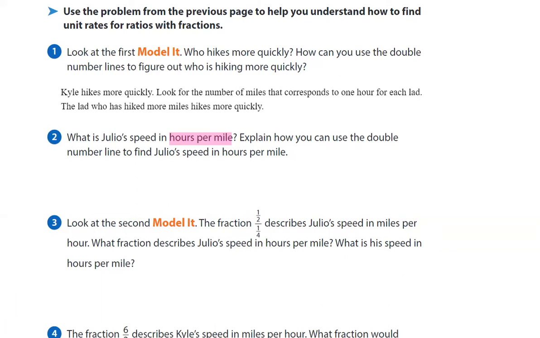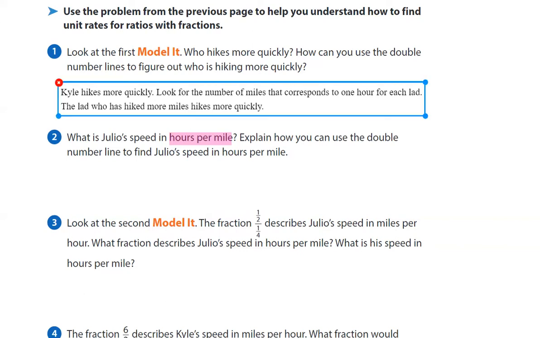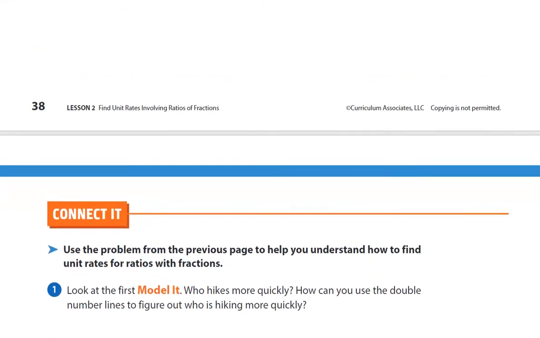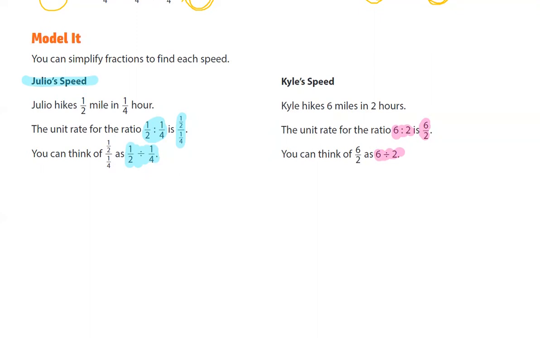So for Julio, it was over here, miles per hour. If they want hours per mile, you have to flip it, right?